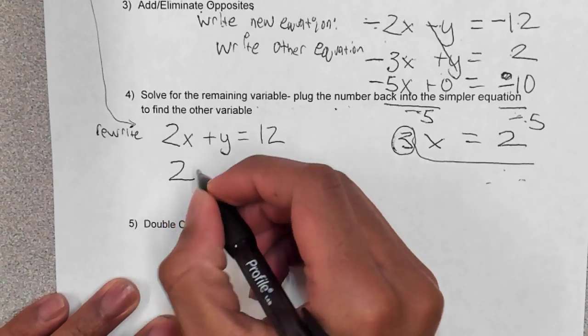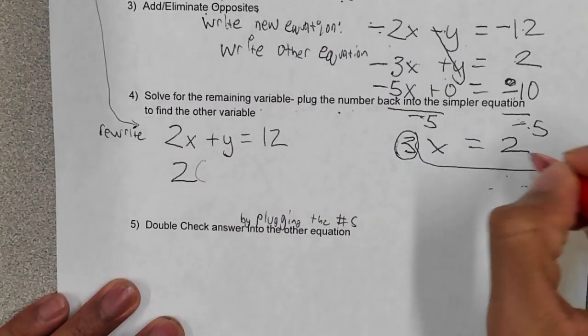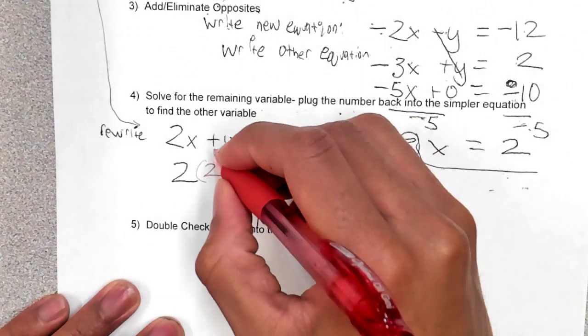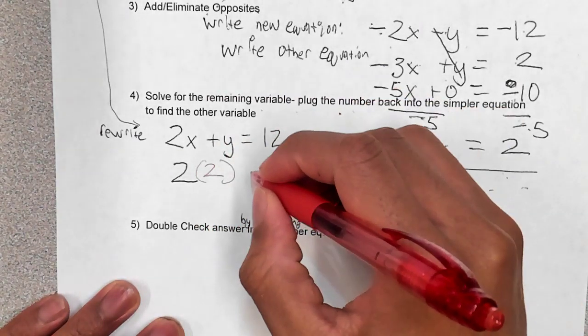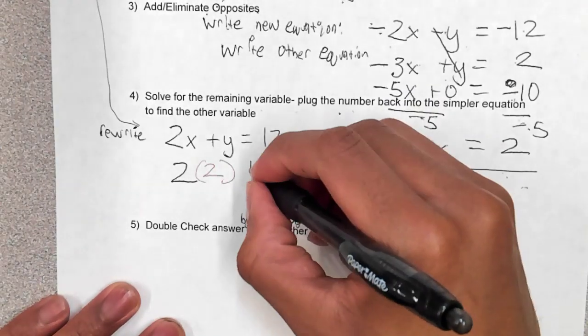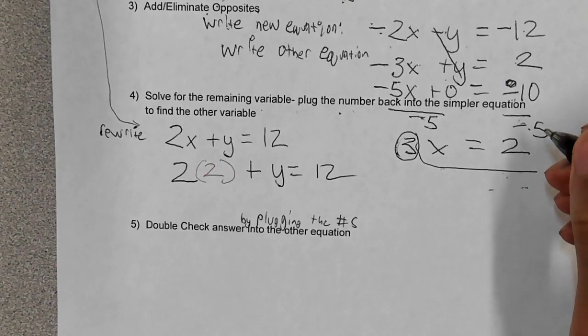So watch this. Now we're subbing in 2 for x. 2 times 2 plus y equals 12.